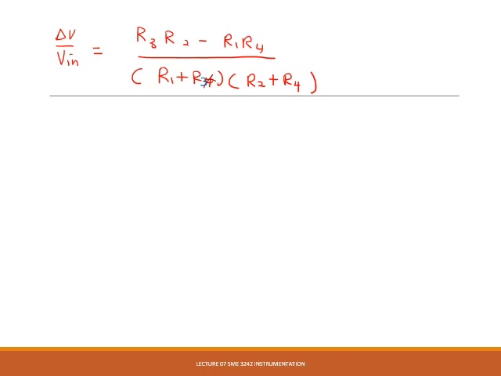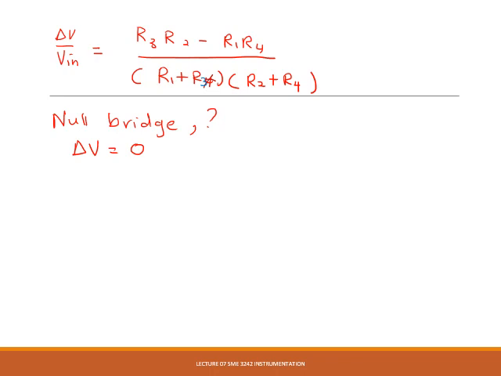Okay, so what does null bridge mean? Null bridge is when delta V is equal to 0.